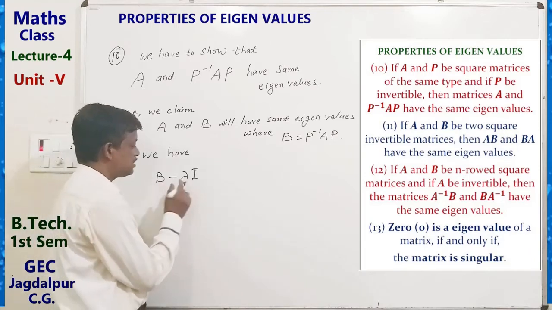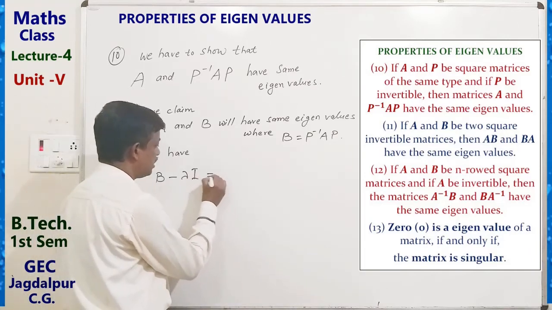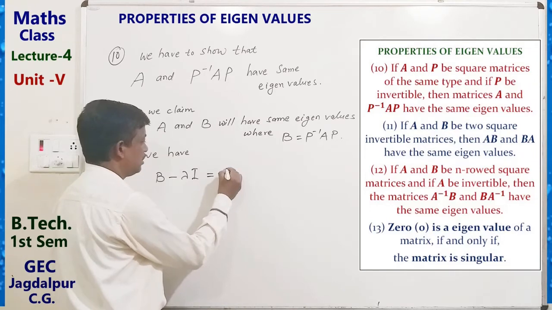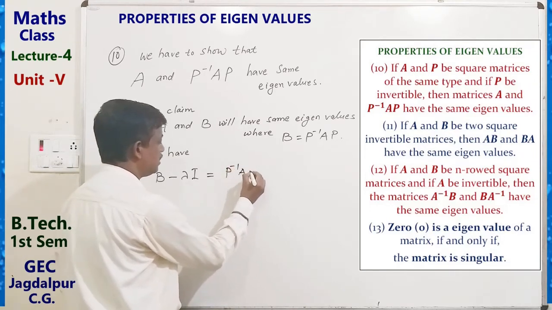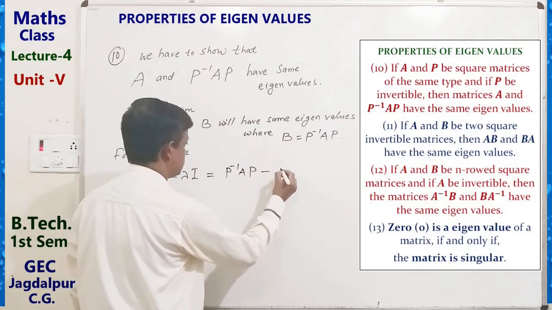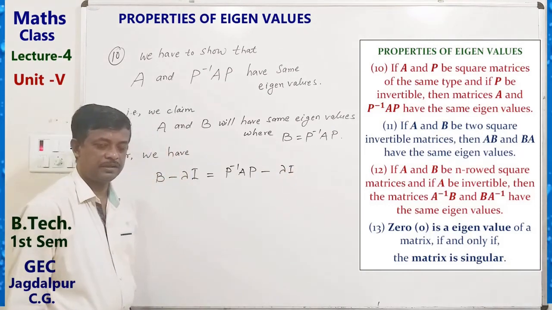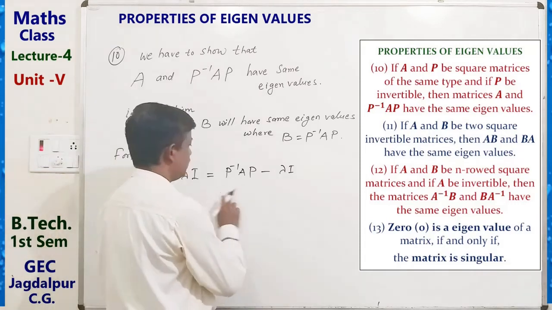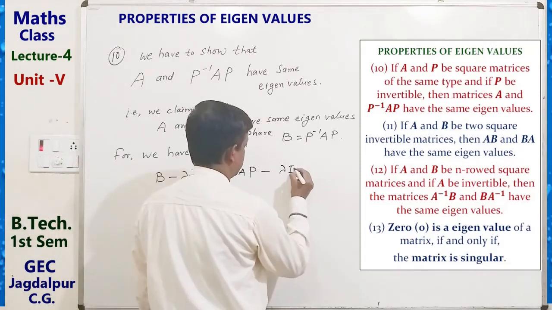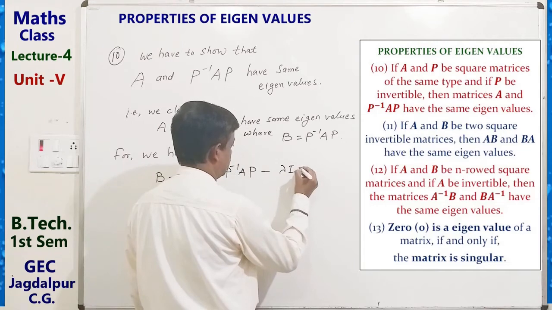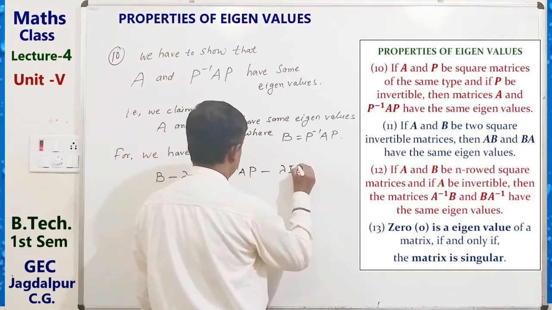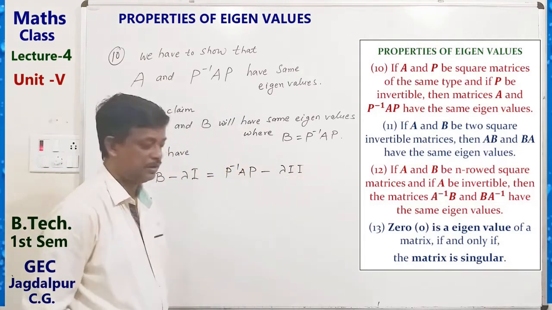Thus B minus lambda I can be written as, B means what? P inverse A P minus lambda I. Clear? So lambda I into I we can write.